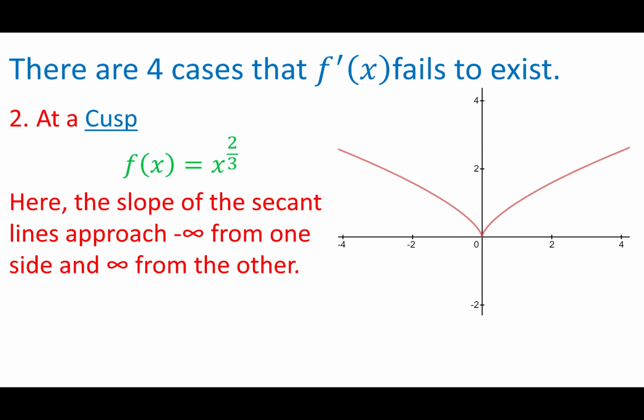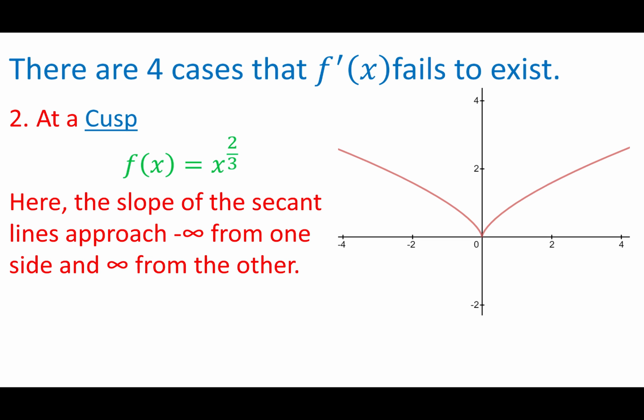Okay, so if we have a corner, we have a cusp. Those are 2 cases where it does fail. And again, it only fails at that point at x equaling 0. I could find it at x equals 2, x equals -2. I could find those values for a derivative.